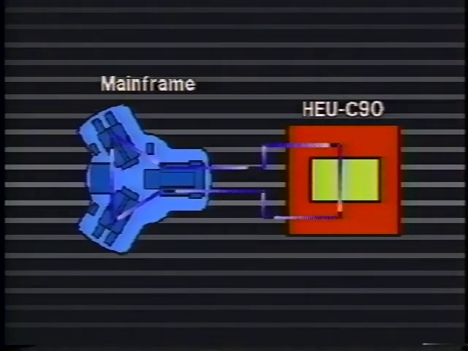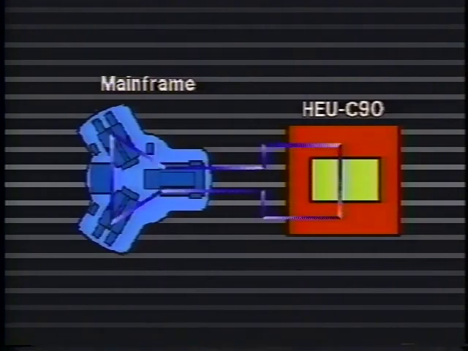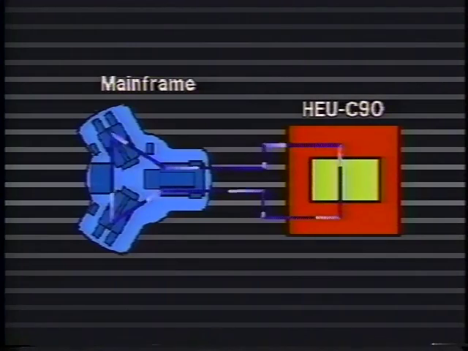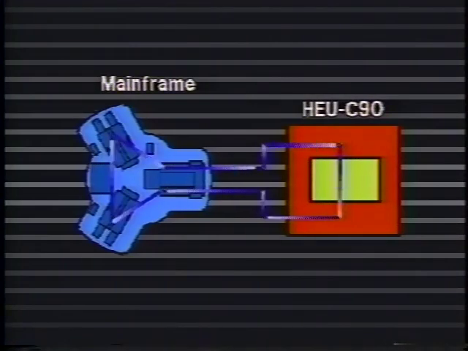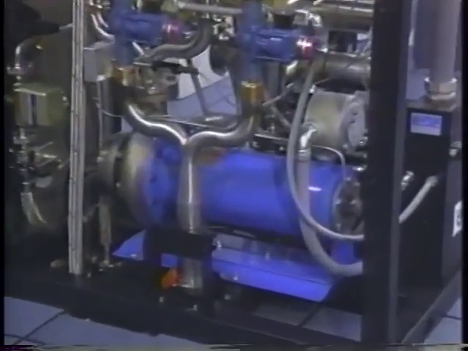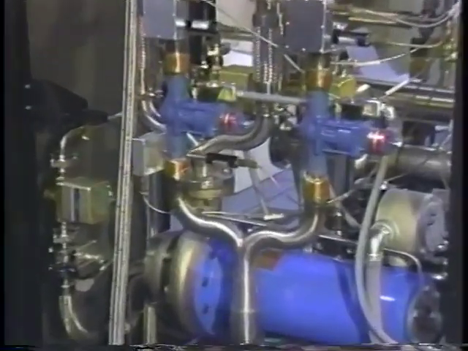The HEU C90 is configured with the mainframe and is used to remove heat generated by the mainframe electronic components. We will now take a look at the components and their locations in the HEU C90. Dielectric coolant pump. High pressure sensor.